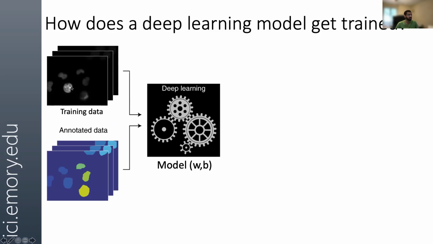So for example, if you want to highlight the entire nuclei, you literally segment or annotate the nuclei. If you want to highlight the mitochondria or actin, you draw labels on that to highlight those relevant features of your data set. That gets into a model, which is your convolutional neural network.